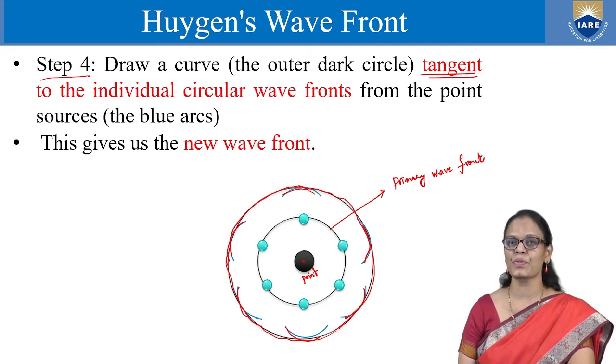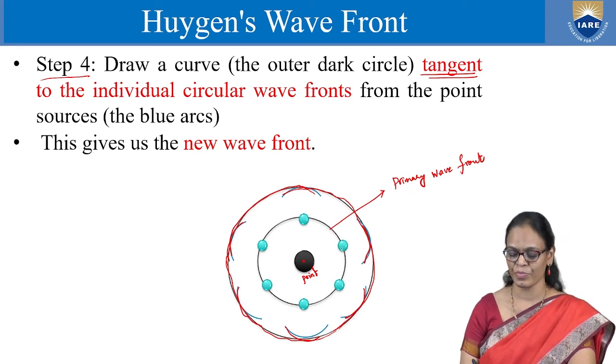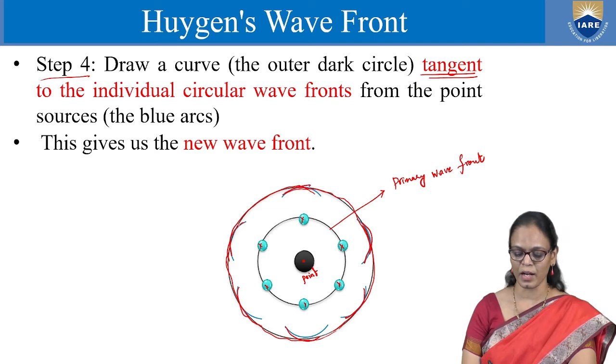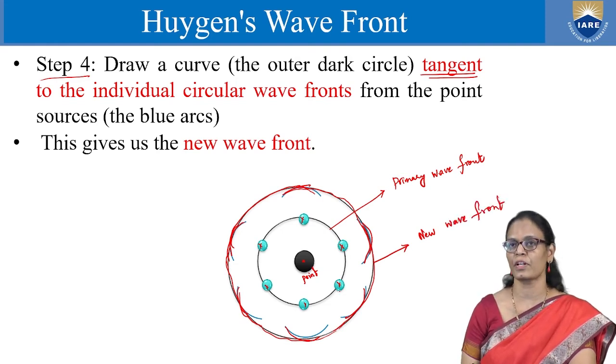We have the point source and this is the primary wavefront. Considering different points on the primary wavefront, we have drawn arcs. These are the arcs. And finally, we have drawn a tangent to these arcs, which gives us the new wavefront, or we call it a secondary wavefront.